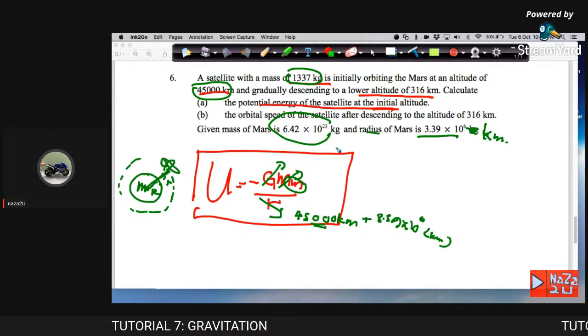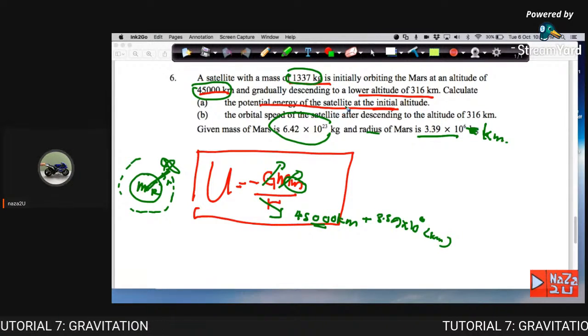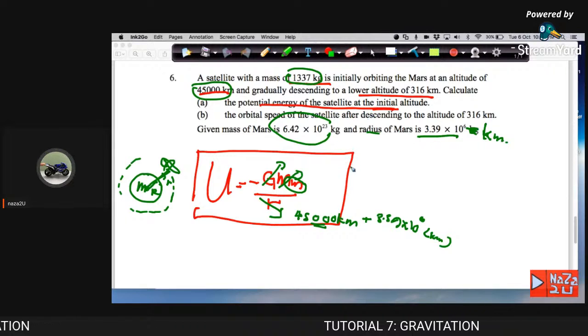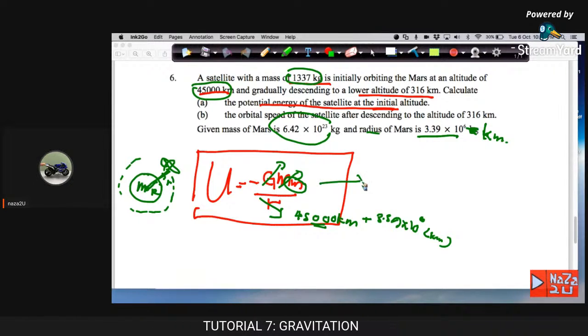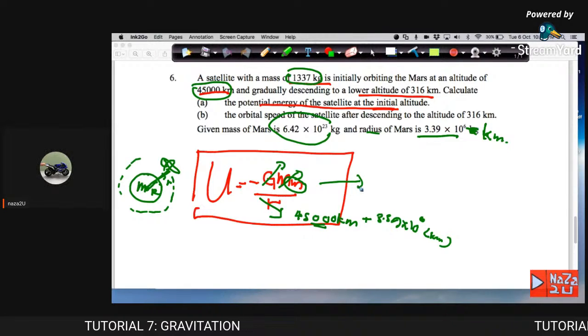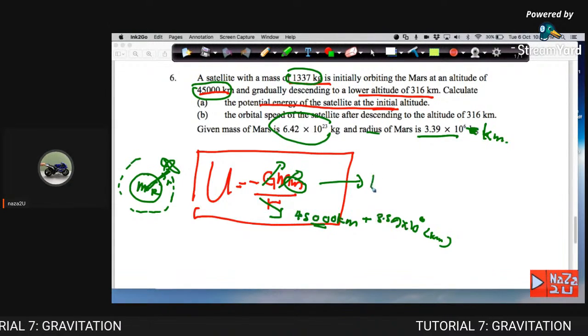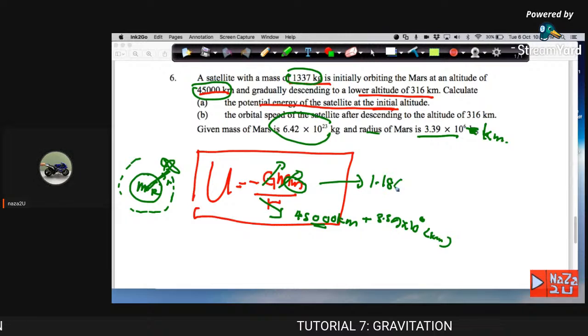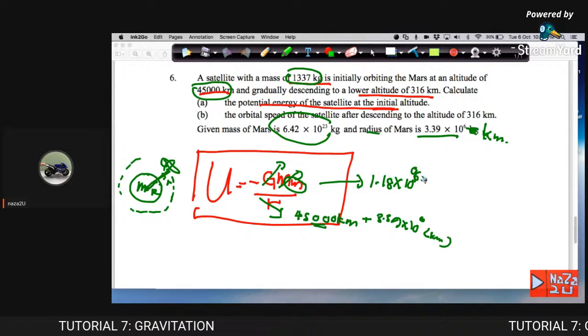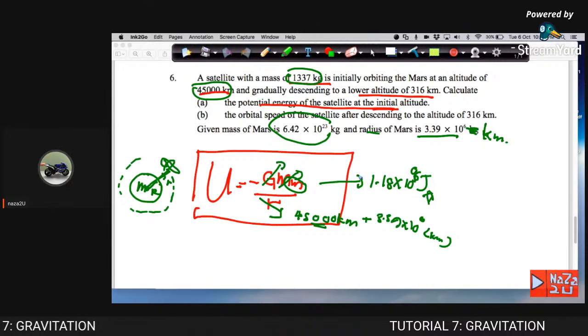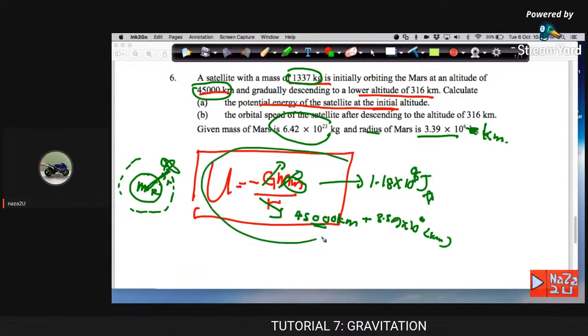So you can find the potential energy of the satellite at the initial altitude using the equation here. Use the calculator. The value of U here is 1.18 exponent 9 joule. Nanti kamu boleh kira, cuma just nak guna rumus ni saja ya.